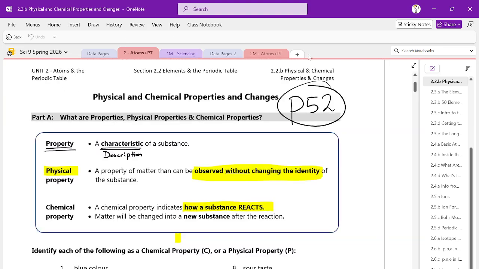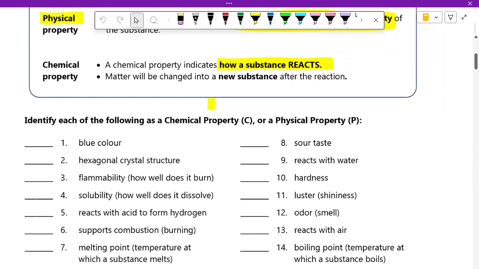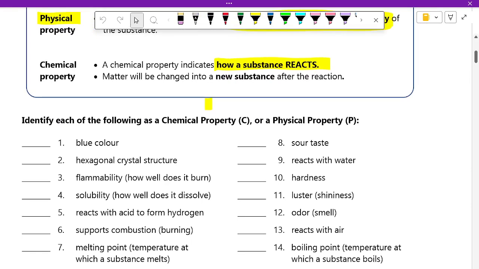So if we go to 52, these are looking at chemical properties or physical properties. Remember, if it's a chemical property, that's how it reacts.